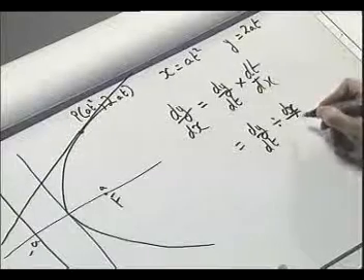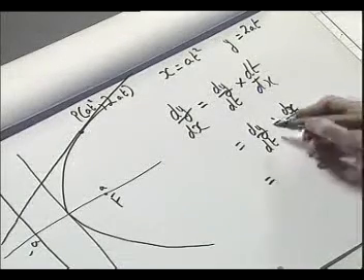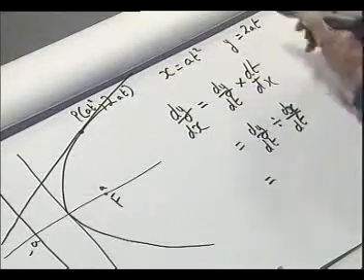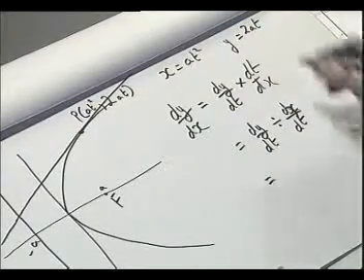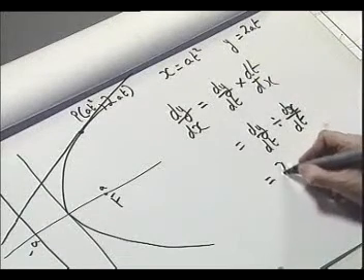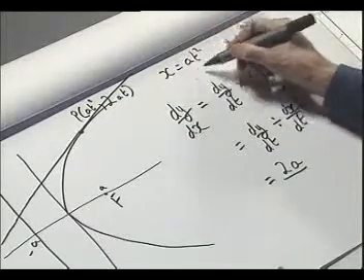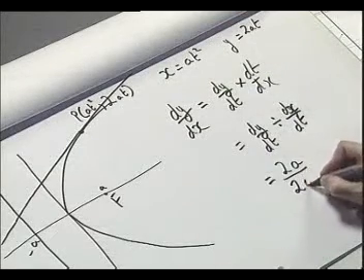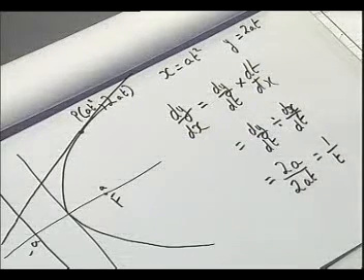In other words, dy/dx is dy/dt divided by dx/dt. dy/dt is the derivative of this, dx/dt is going to be the derivative of that. dy/dt is just 2a, divided by the derivative of x, which is 2at, which gives us a gradient of 1/t.